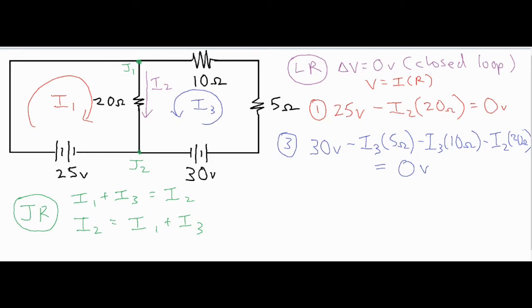So what I can do is take a look at my first formula over here, and I decided to go to my first one because there's only one unknown variable, which is my I2. So I'm going to take my equation number 1 and rewrite it slightly. I'm going to drop the units for now just to simplify the look of it. So it's 25 minus I2 times 20 ohms. I'm going to put the 20 as my coefficient in front of it.